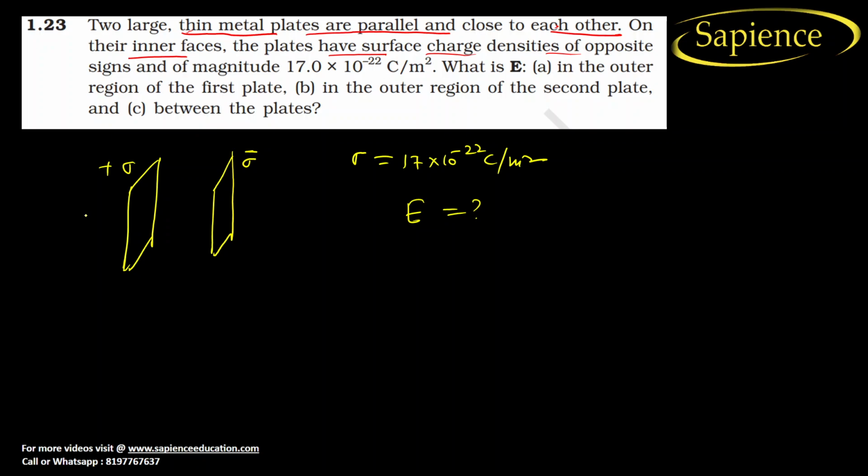So they are asking about regions. See, there are three regions, 1, 2 and 3. They are asking for the electric field in the outer region of the first plate and the outer region of the second plate.